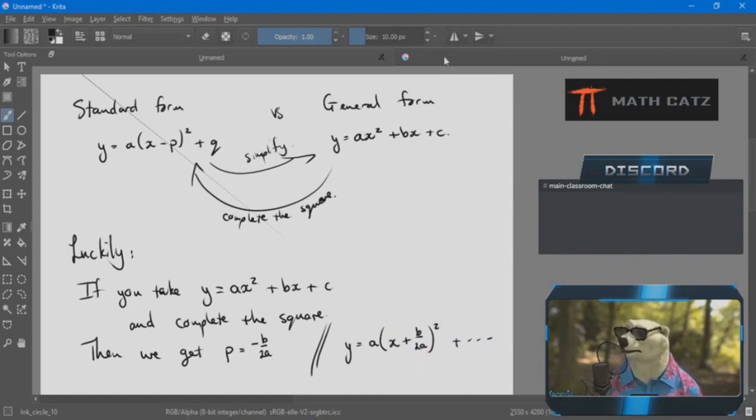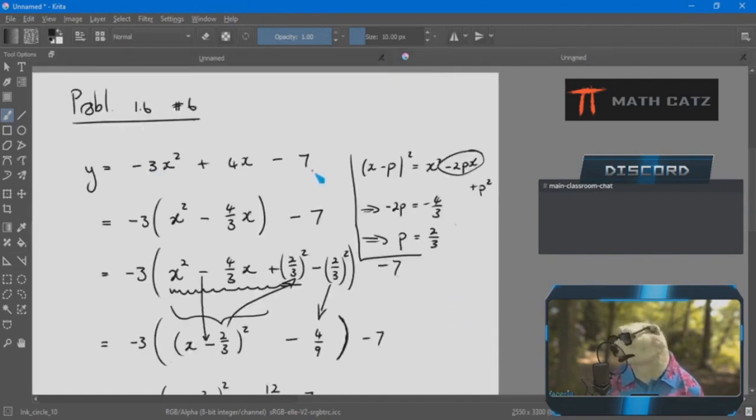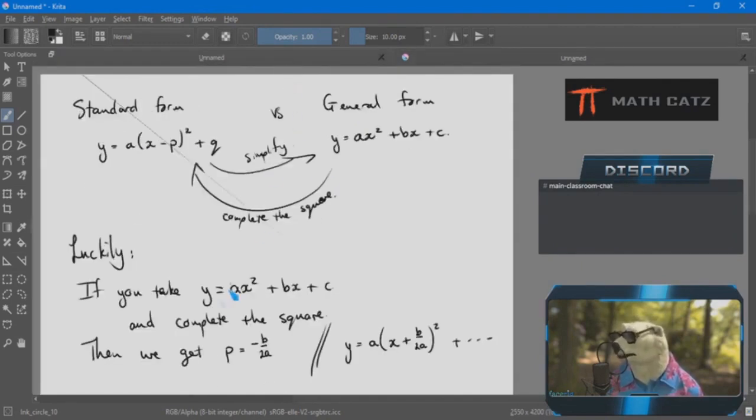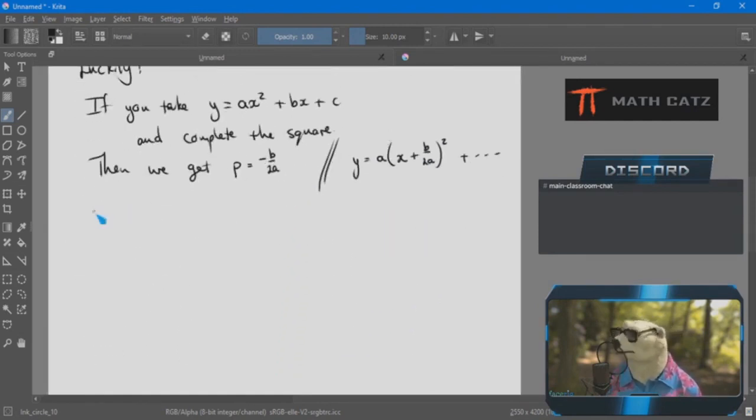So if you leave it as general as you can with a, b, and c, do the completing the square, slowly make progress, you're going to get something like this, which tells me exactly the x-coordinate of the vertex. So that then means that the vertex is negative b over 2a for the x-coordinate.